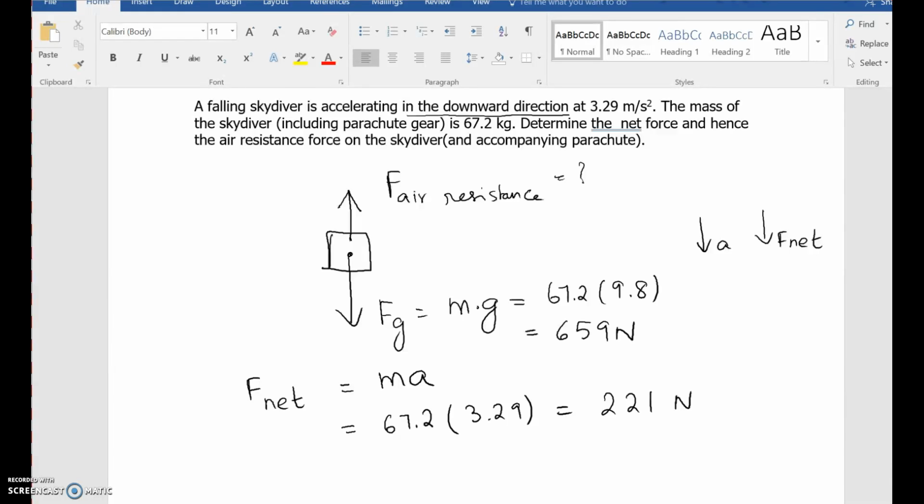Now that we know the net force is 221, what will be the air resistance? We know that since these forces are in the opposite direction, it is the gravity minus the air resistance, which is our net force.